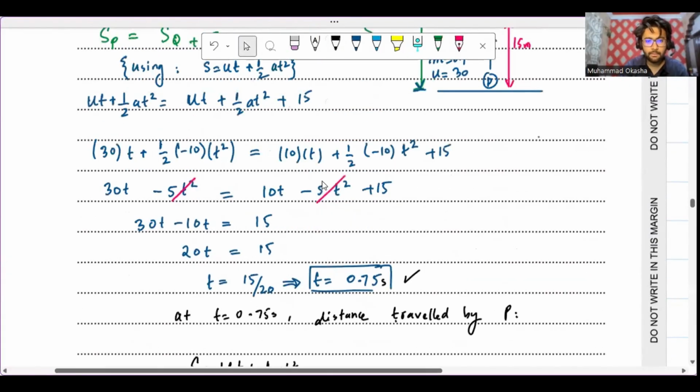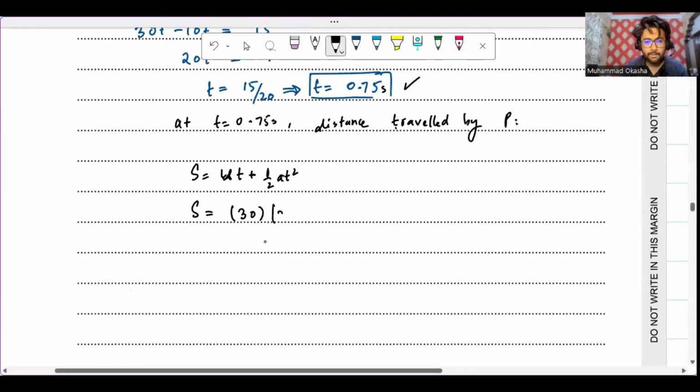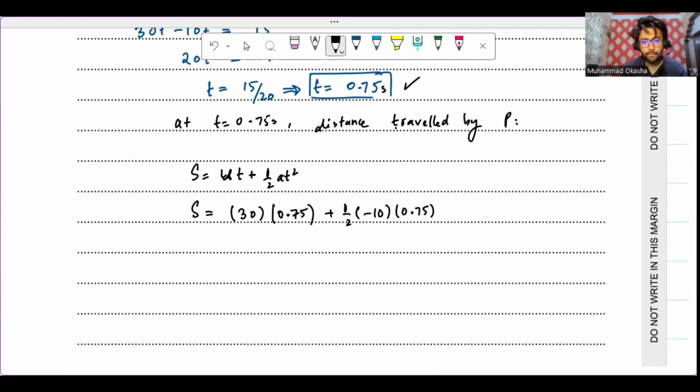The initial speed was 30 because it was shot vertically upwards at a speed of 30. At time 0.75 seconds, the gravitational acceleration was negative 10. When you put all of this in the calculator, you get 19.6875 meters. That is the distance above the ground at which the particles collide with each other.